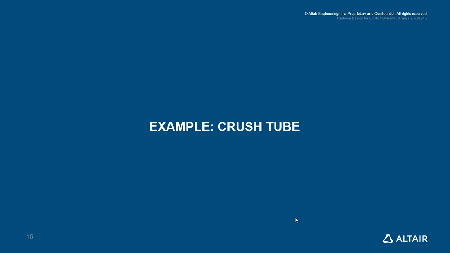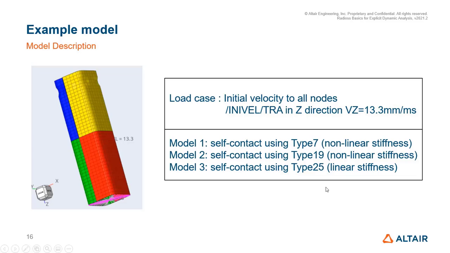So let's look at the example of crush tube. This is a simple crush tube, and the load case defined is an initial velocity given to this crush tube for all the nodes, in the z direction, and the velocity is 13.3 millimeter per millisecond.